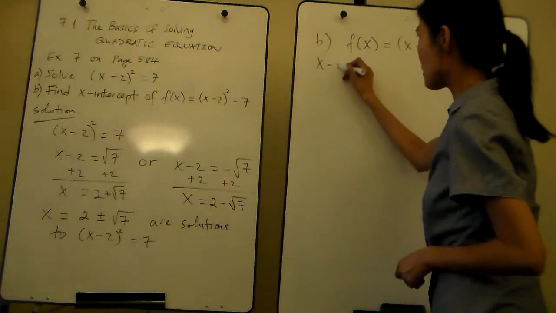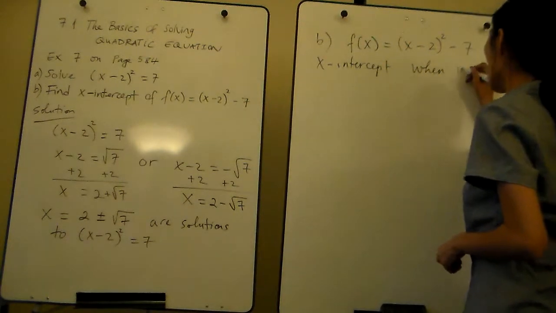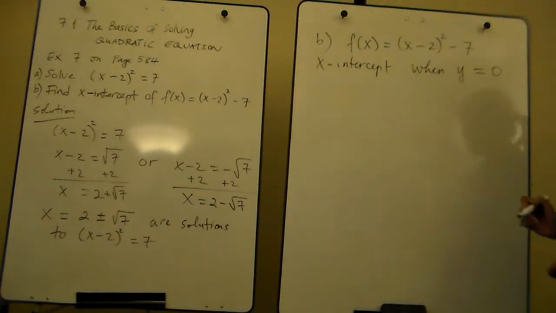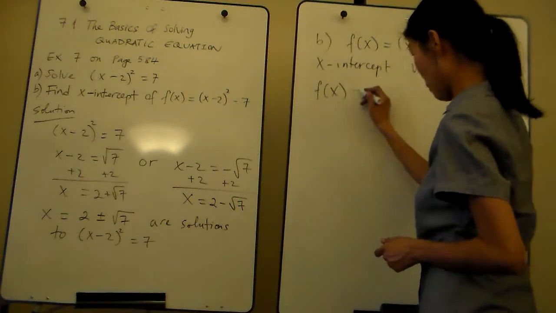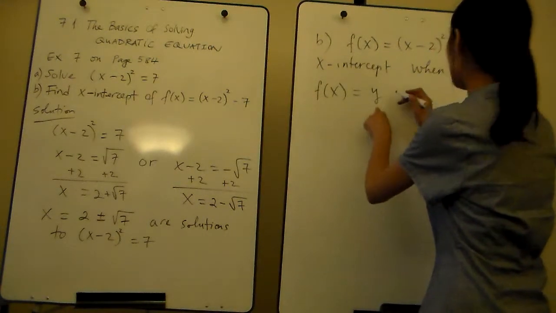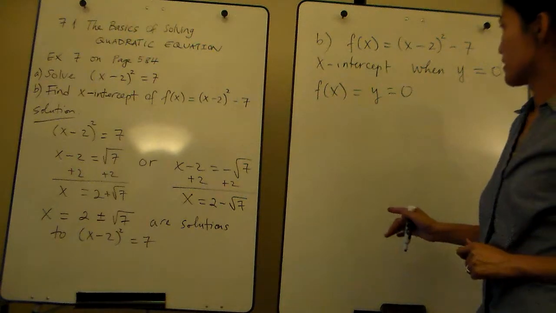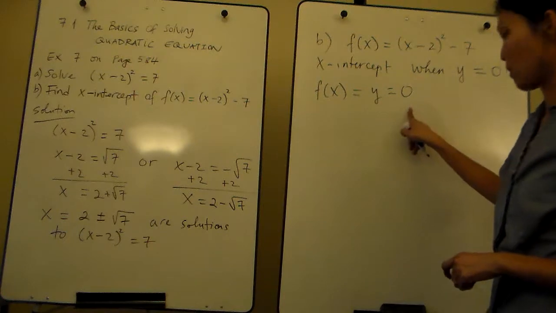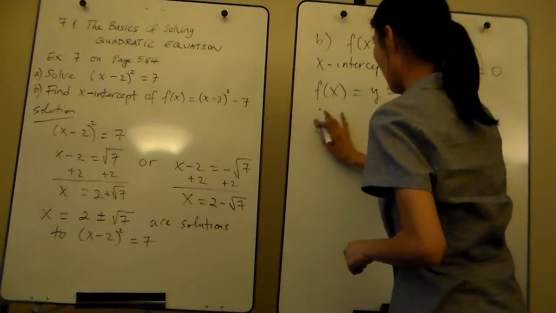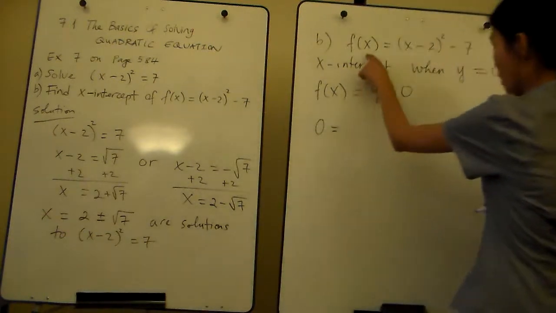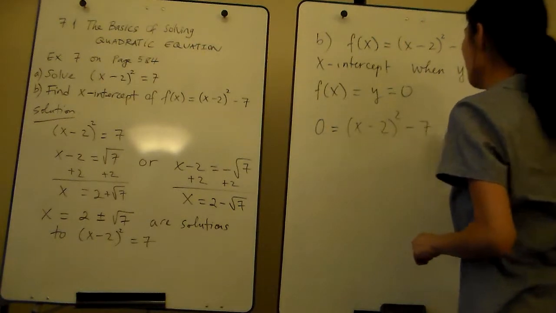So the x-intercept is when y equals 0. Now, know that f(x) is y, okay? And y is equal to 0. So that means to solve for x-intercepts, you would set f(x) equal to 0. Okay? So I'll let f(x) equal to 0 in here: 0 = (x - 2)^2 - 7.